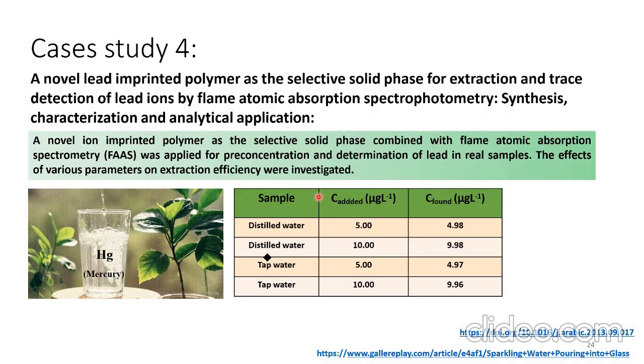Then the fourth case study is again on detection, a novel lead imprinted polymer as a selective solid phase for extraction and trace detection of lead ions basically. Here I don't know why they have written mercury. It should be lead. A novel ion imprinted polymer as the selective solid phase combined with flame atomic absorption spectroscopy, FAAS, was applied for pre-concentration and determination of lead in real samples.